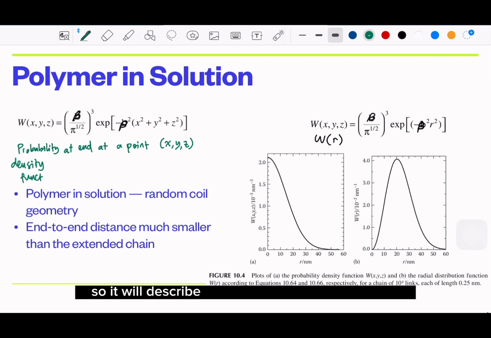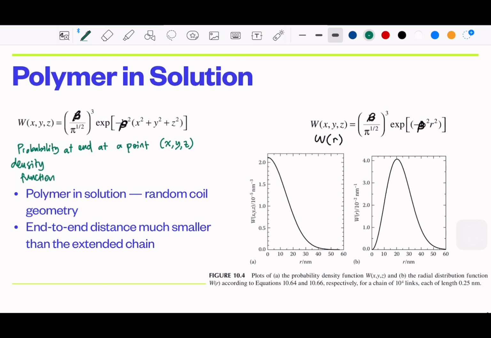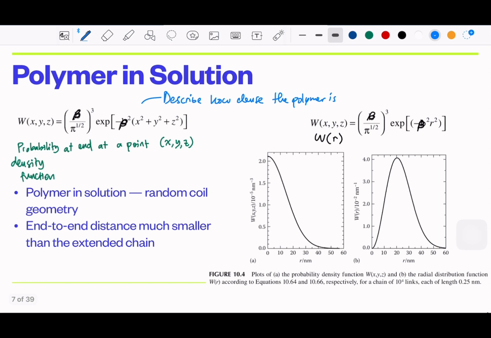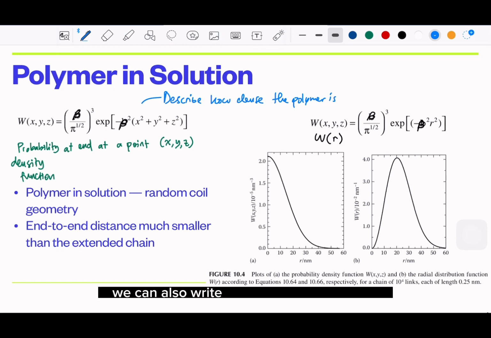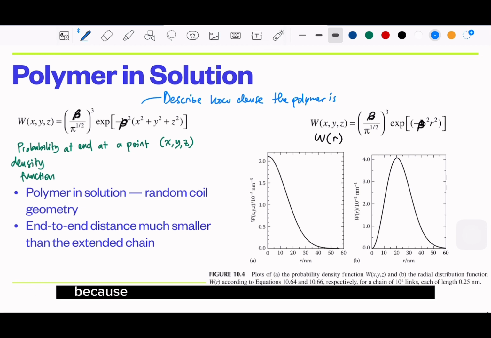It will describe how dense the polymer is. The R, we can also write as a radial function because it's supposed to be remodeled after the polar.